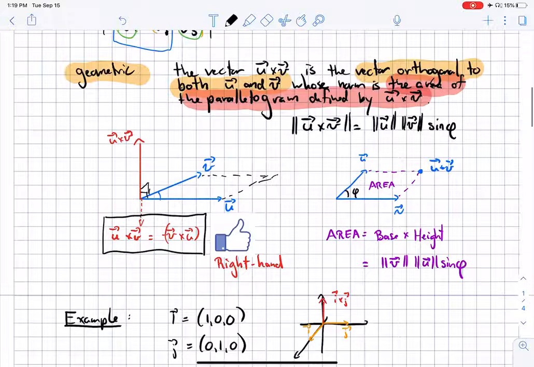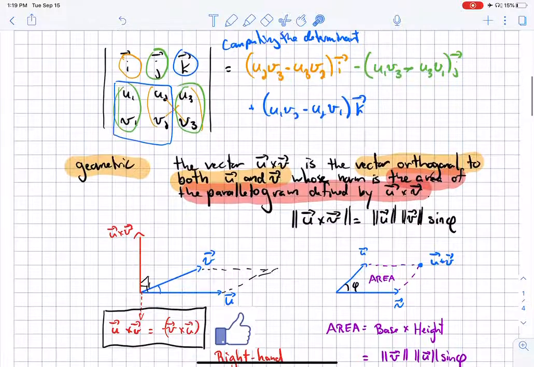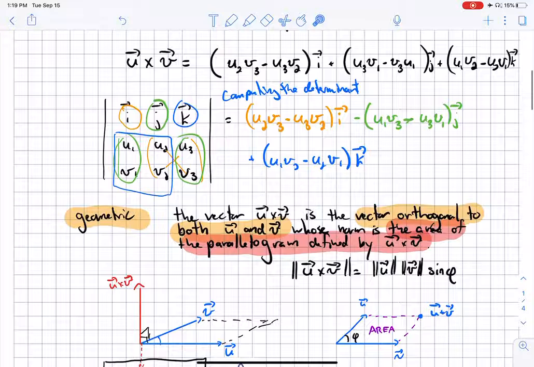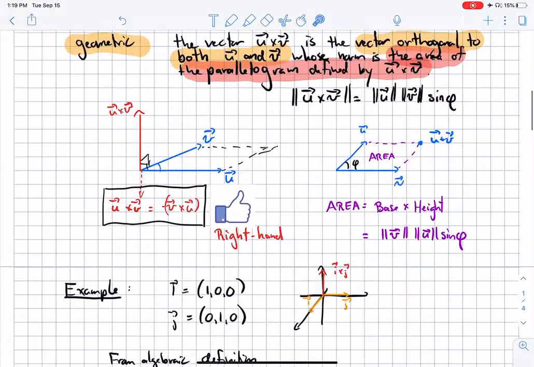So that's similar to the dot product, except cosine is replaced by sine. I will justify later a little bit why this is true, that this definition is related to the orientation or being orthogonal and also the norm being the area of the parallelogram.